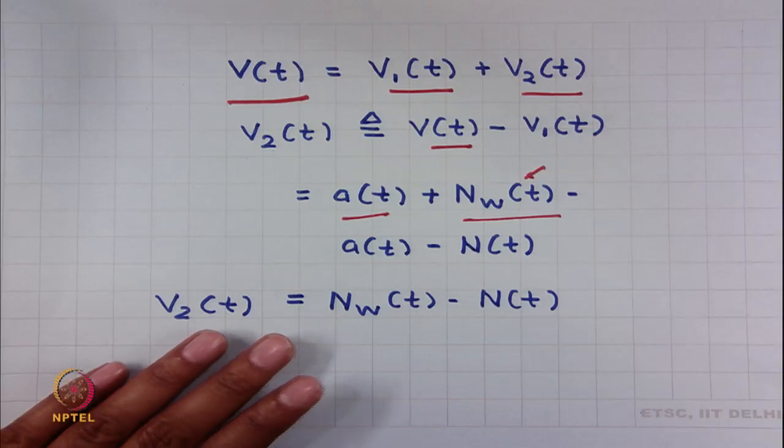What is a signal space? Signal space is formed by those bunch of correlators. So, if the signal is expressed over n orthonormal functions, these n orthonormal functions decide that signal space. N t is the projection of white Gaussian noise on that signal space, N w t is the total white Gaussian noise. This white Gaussian noise runs over infinite dimension, and hence V2 t is simply this infinite dimensional noise minus the noise that is projected in the signal space.